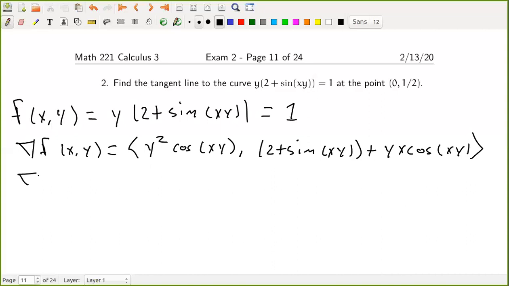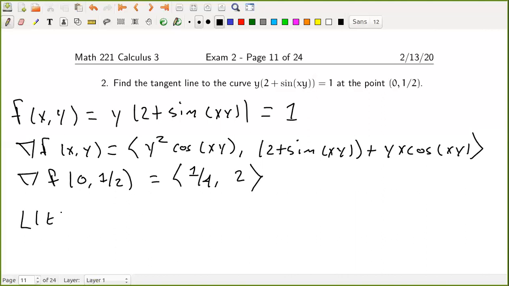And at the particular point that we care about, the gradient of f evaluated at 0, 1/2 is 1/4, 2.